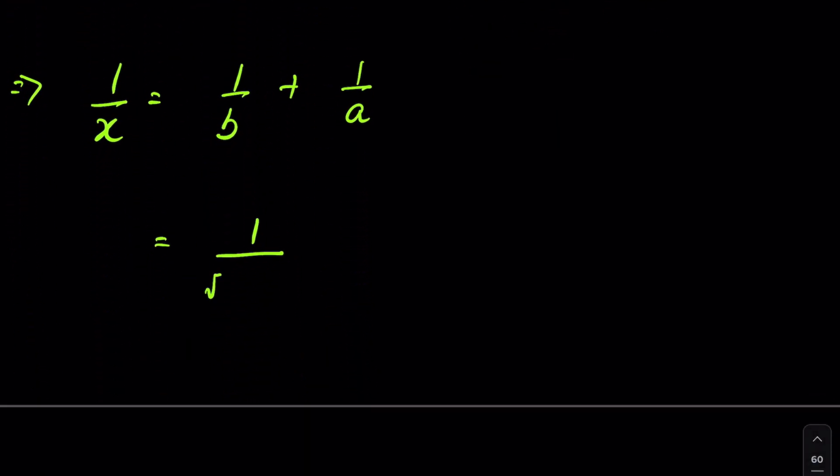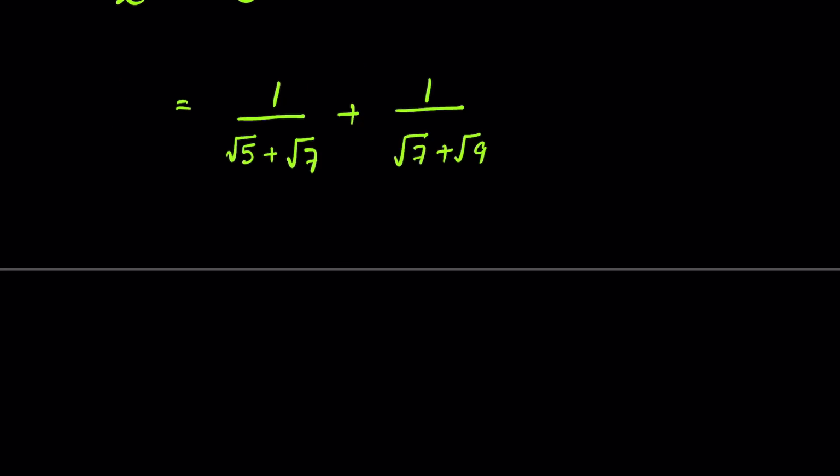So 1 upon square root of 5 plus square root of 7, plus 1 upon a, which is square root of 7 plus square root of 9. Now let's rationalize the denominators. To rationalize the denominator, we multiply and divide by the conjugate of the denominator. Conjugate of x plus y is x minus y.